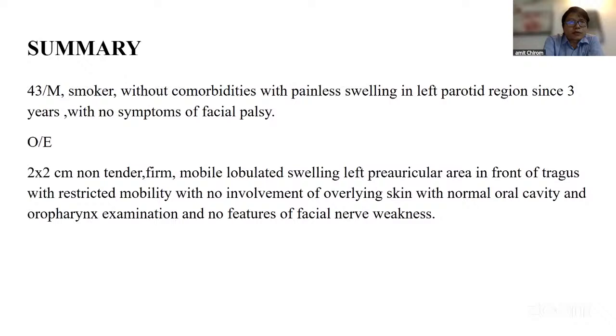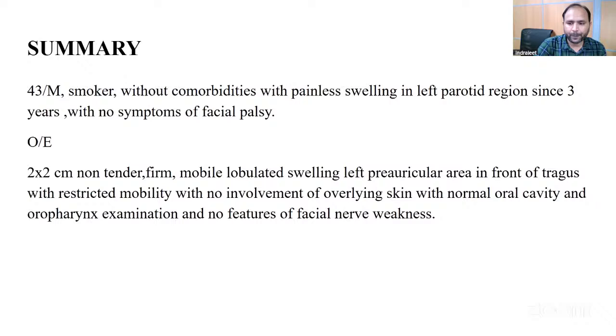So what are your DDs after the history and the clinical examination? Sir, my first DD will be benign parotid neoplasm. Second will be intraparotid lymph node, sir. Why did you say it's benign? What are the points in favor of a benign parotid swelling?